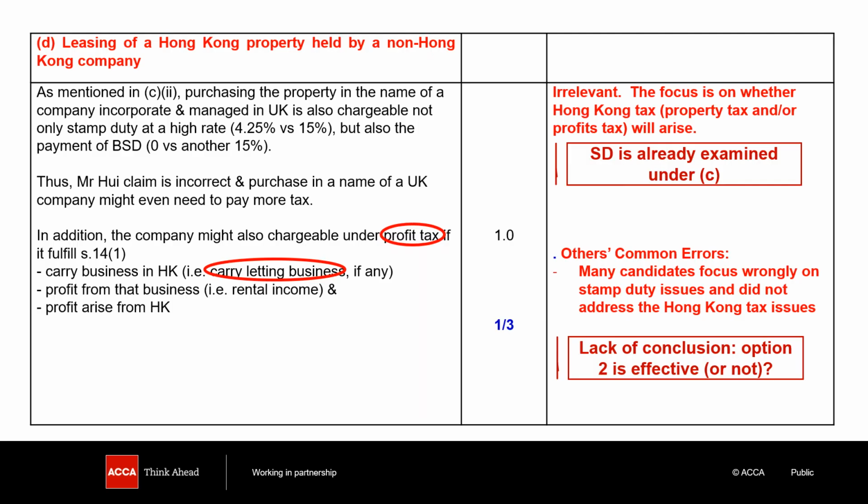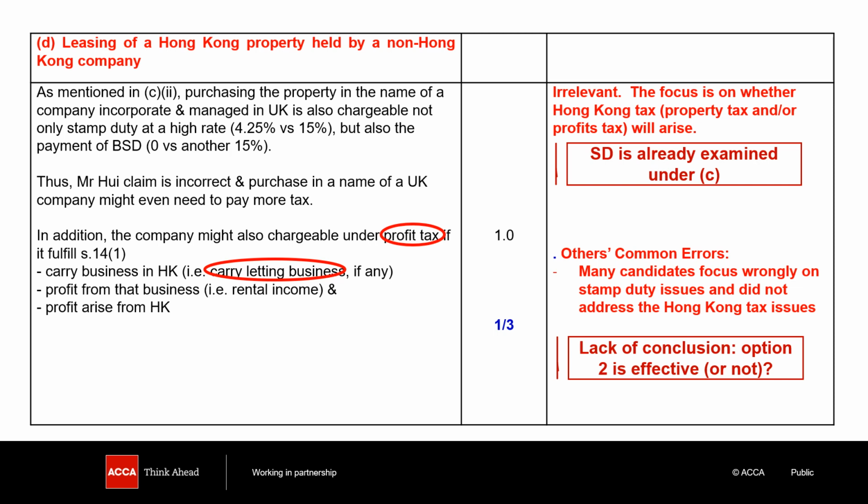This candidate was able to mention profit tax and therefore gain some marks on this, but unfortunately forgot to mention the property tax. Moreover, this candidate has spent some time to talk about stamp duty, which has actually been examined under Part C.